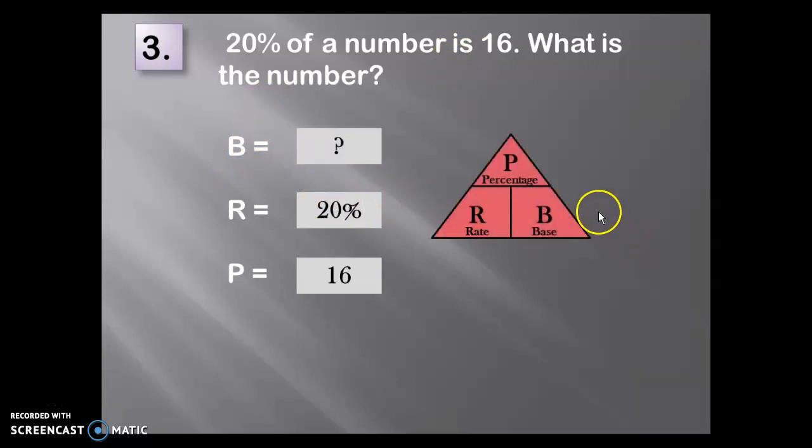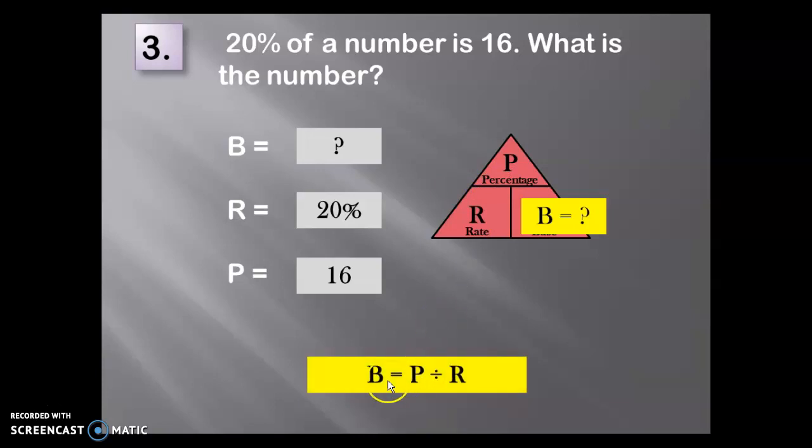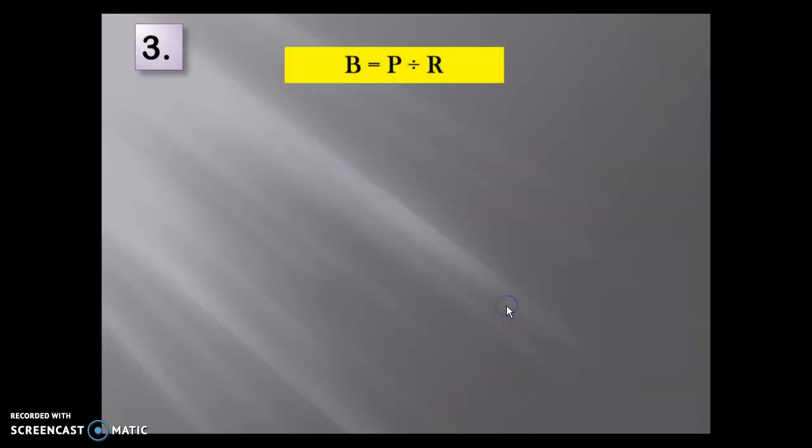Using the triangle again, we simply have to cover the base part. What remain are percentage and rate. Percentage is at the top, meaning we can divide percentage by the rate. Therefore, the formula that we can use is base is equal to percentage divided by the rate. Substituting the value of the percentage and rate, I already changed my 20% to decimal form.